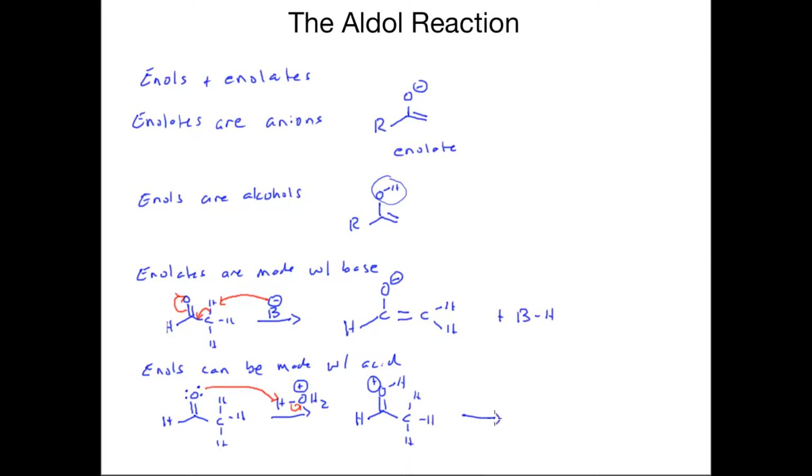So now water can come in and take away this proton. If it does so, it's going to enolize rapidly. And so I now have the actual enol. It has a proton on it. Okay.